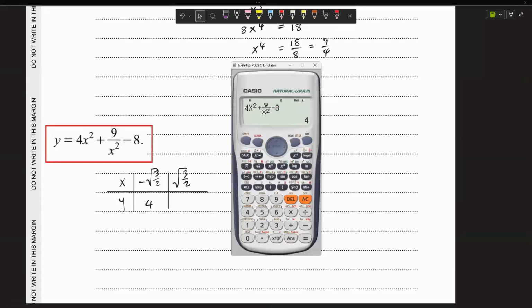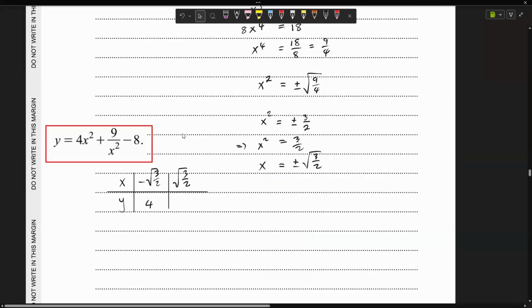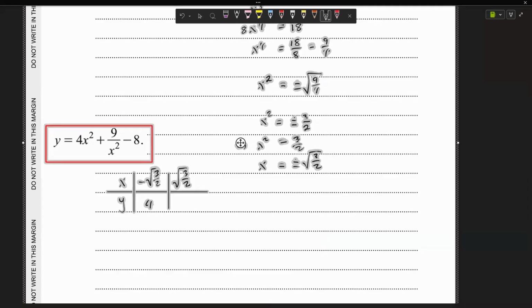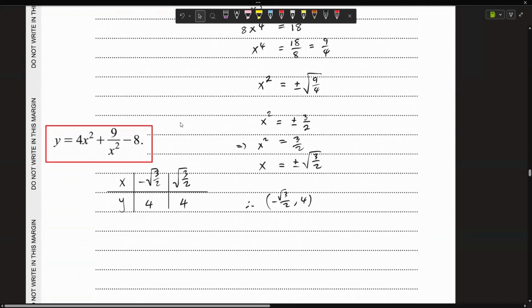I will also have root 3 over 2, right? So root of 3 over 2, shift and store into x. Bring back the equation we had, press equals. I'm still getting 4. So we get another 4. So therefore, the coordinates are negative root 3 over 2 and 4. Wait a minute. Okay. And positive root 3 over 2 and 4. So these are the coordinates.